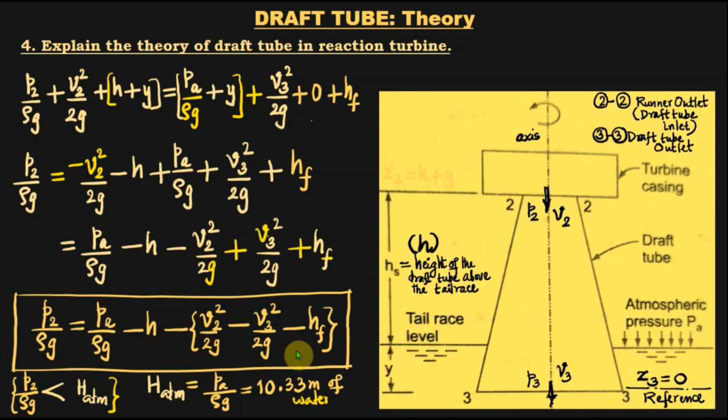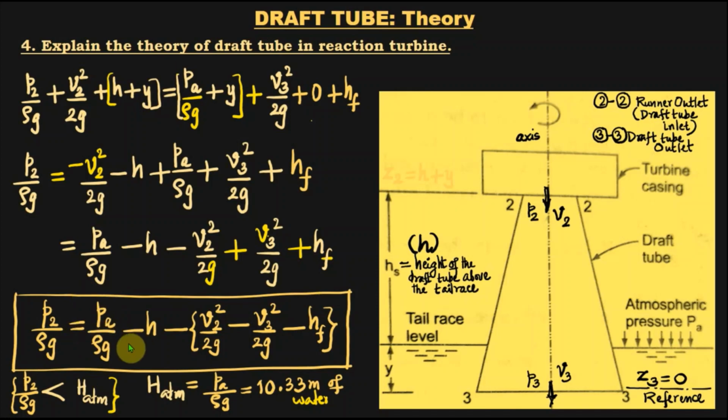So the actual energy head recovered because of the draft tube installation is this much. And now P2 by rho g is equal to PA by rho g minus h minus this energy head recovery by the draft tube.